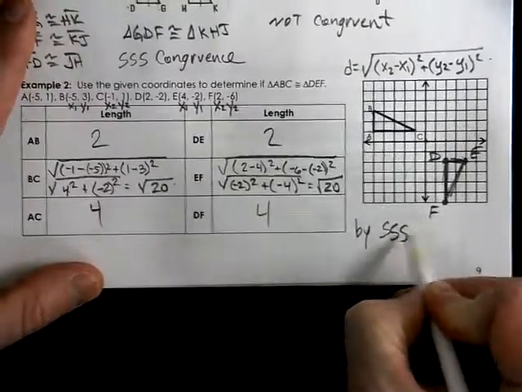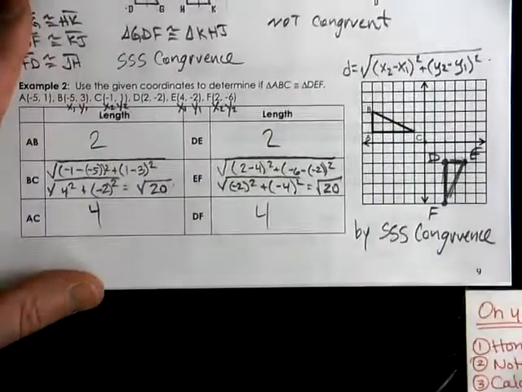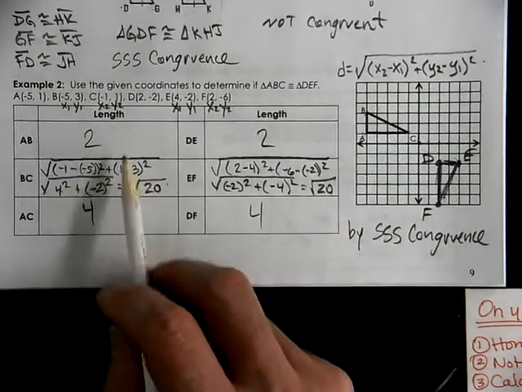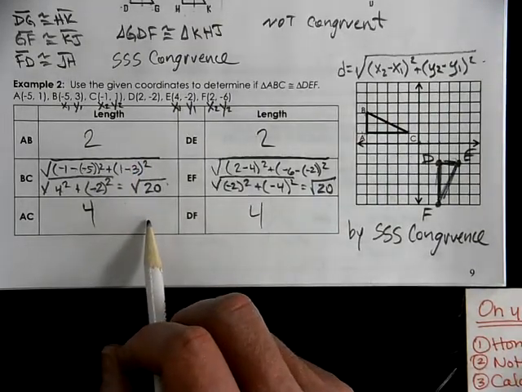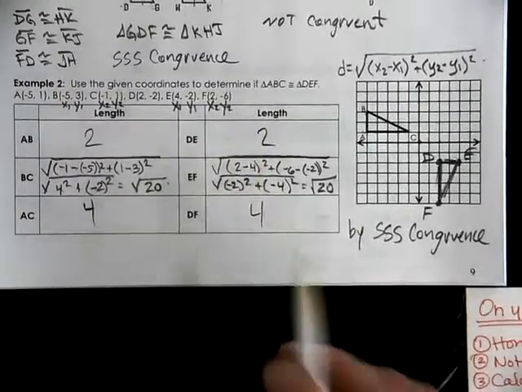By side, side, side congruence. That's why the triangles are congruent. 3 sides of one triangle are congruent to the corresponding sides of another.